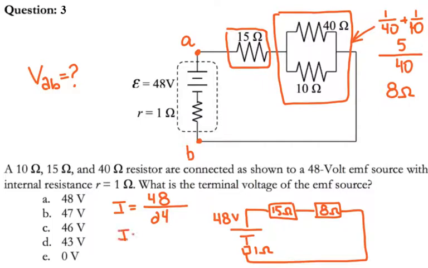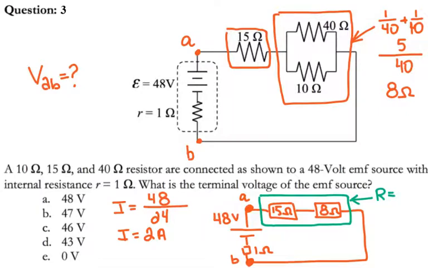So the current will give me 2 amps. And between the point A and B, so here is your A and here is your B, I have this total resistance. The total resistance of this part is equal to 23 ohm.